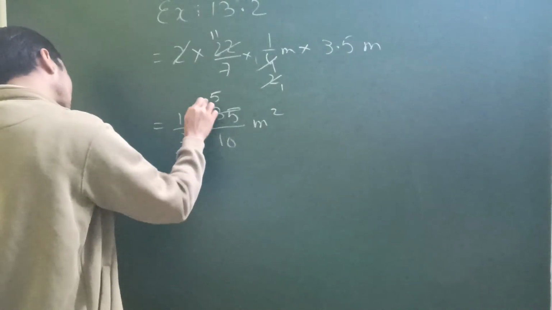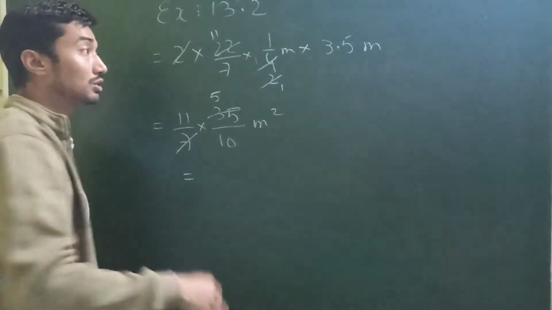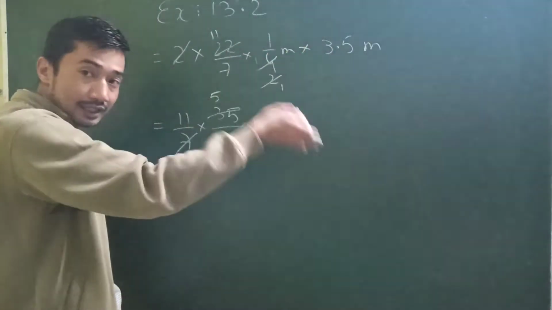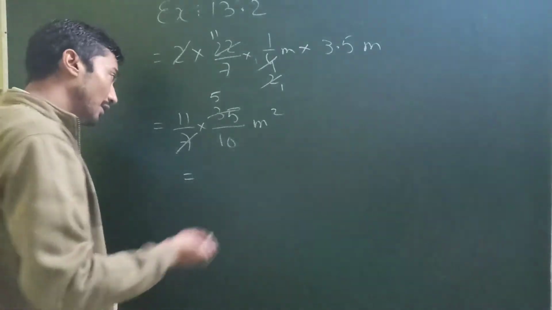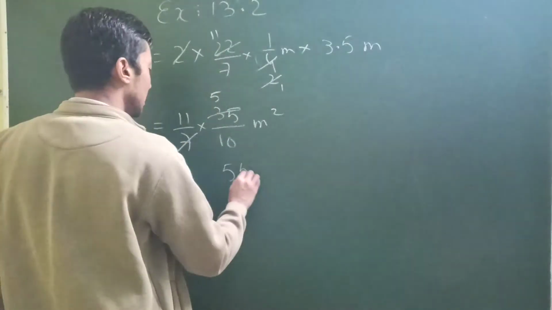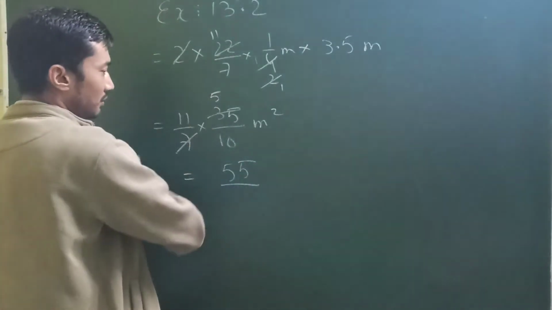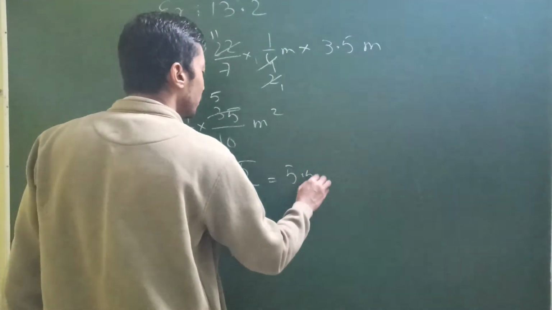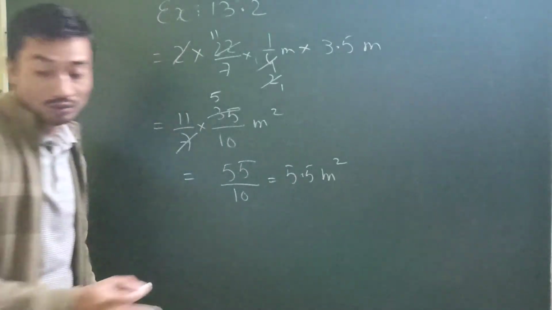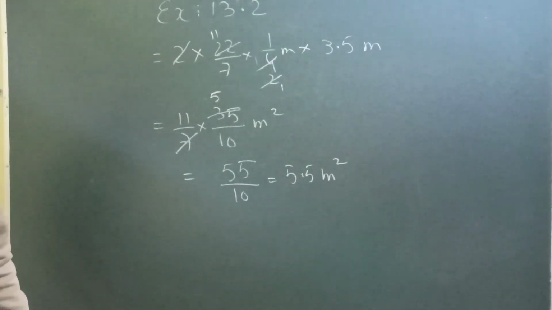Instead of dividing and getting the decimal, if I have multiples of 10, metric system, I will just use that. So that will be 11 into 5, 55 upon 10, so 5.5 meter square. That's always easier instead of calculating.